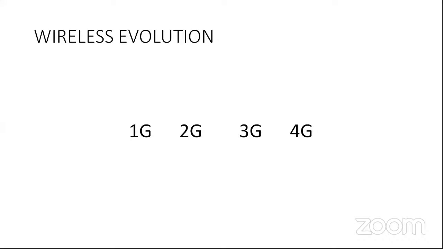So with 1G to 2G, we evolved for mobile communication. But why was 2G to 3G required? We needed a much higher data rate. The problem with 2G is it can enable up to 256 kb per second as the maximum data rate.